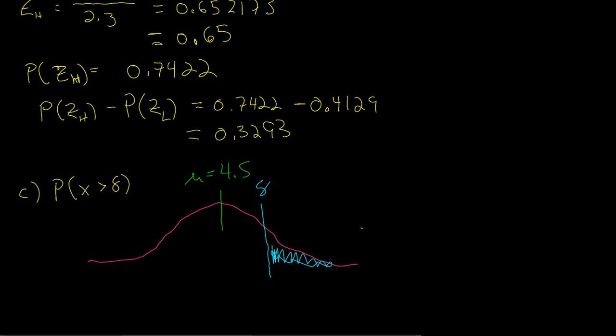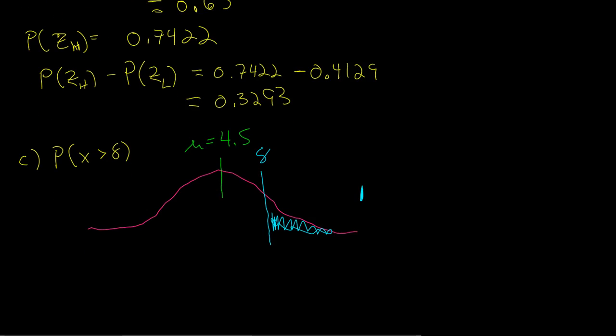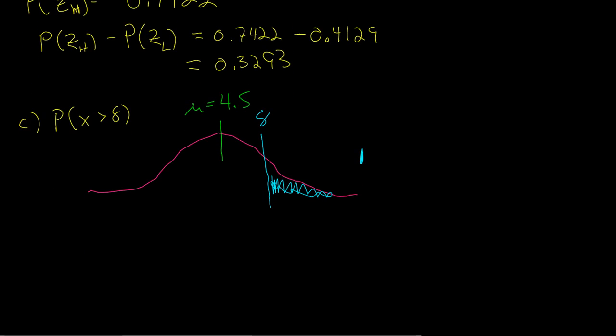So we have to take 1 and subtract the probability that comes from a z score here. So to get the probability greater than 8, we're going to need the z score of 8. So z is equal to 8 minus 4.5 over 2.3.